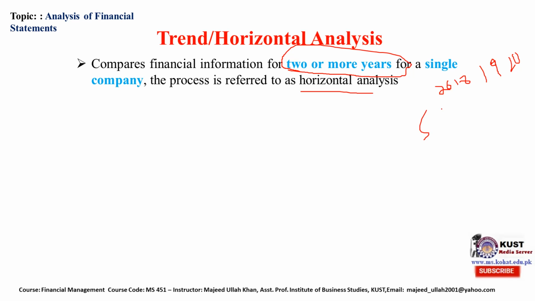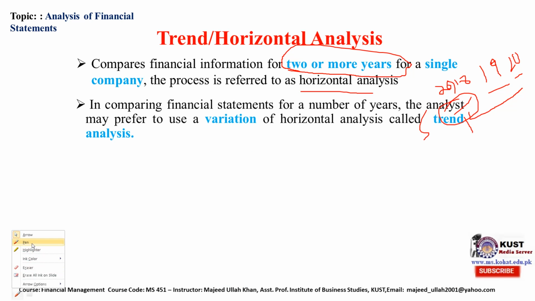Now, sales in the first year is called the base year. We will express the sales of other years as a percentage of this sale. So the analyst will compare the sales figure across the years rather than across the items of the financial statement.